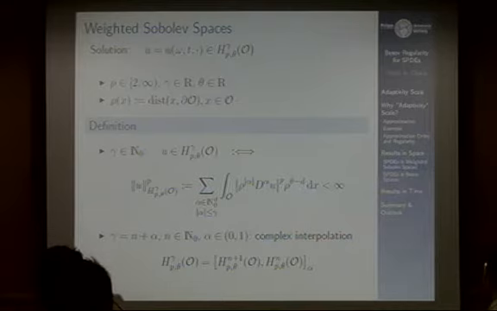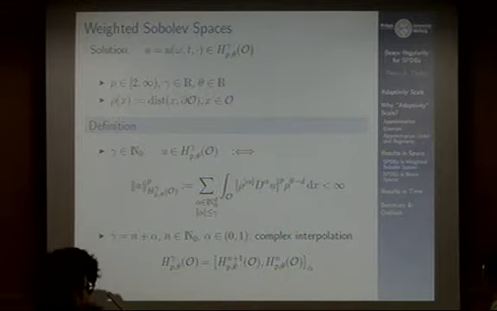Notice that the weight we put inside the integral depends on the order of the derivative and on this weight parameter theta. And it is obvious that if the whole power we put on the distance to the boundary is positive, then we dampen around the boundary, so the derivatives can blow up and this quantity still stays finite.